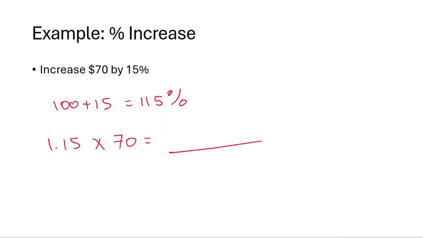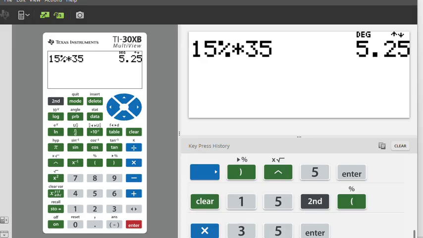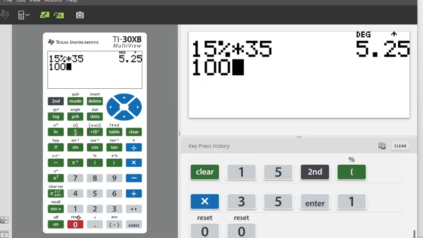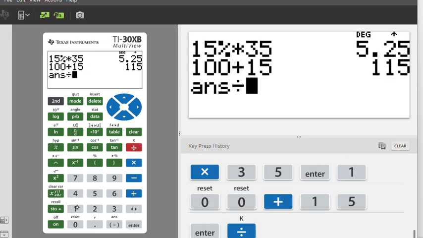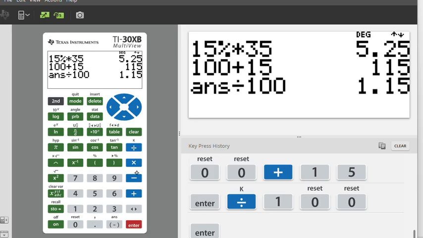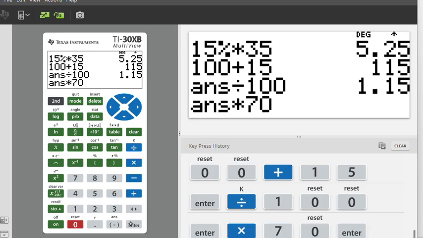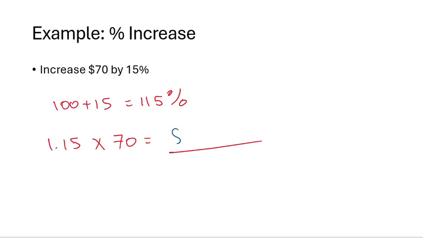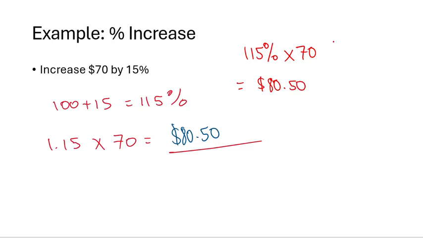So this is the typical default method that I taught you all. What you had to do was 100 plus 15, and then you converted that to a decimal, and then you multiplied that by the quantity, which is 70, giving 80.5. But what if I told you you could just type in 115% times 70? If you type this in exactly in your calculator, you will still get the same answer.